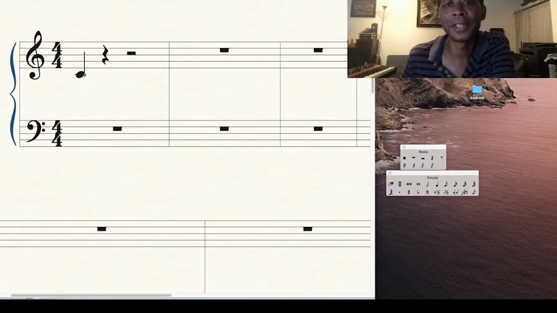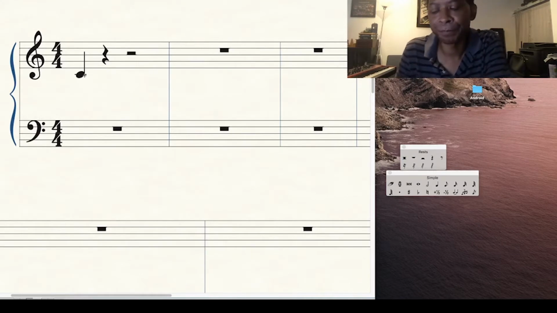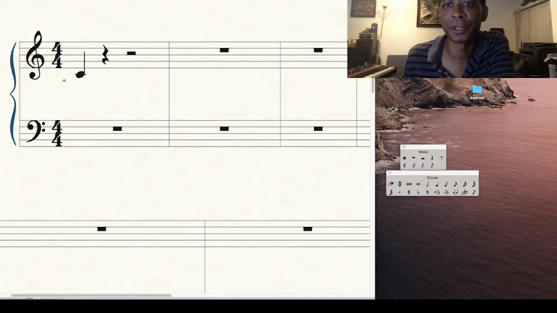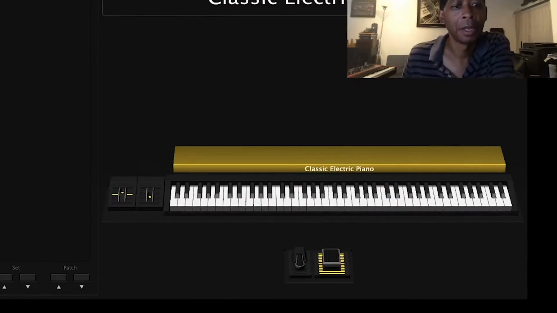So this is C. The important thing about this particular C, if you're sitting at the piano, remember you always sit at the center of the piano. If I come over here I can show you the keyboard. There we go.